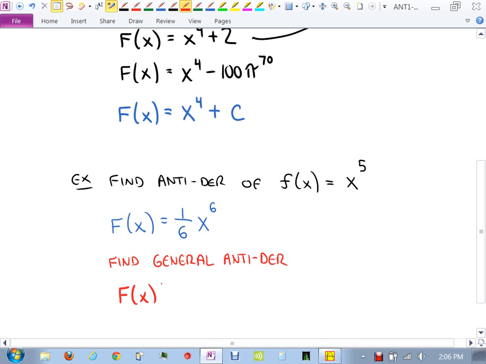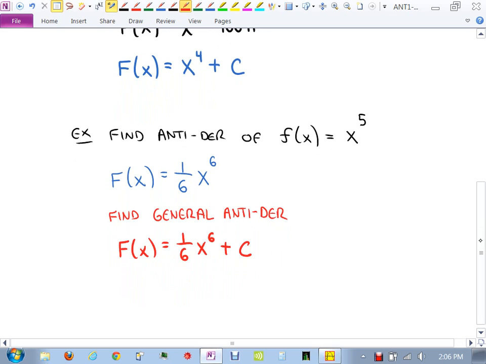Capital F of x equals 1/6 x to the sixth plus a constant. Now every antiderivative of x to the fifth looks like that. Questions?